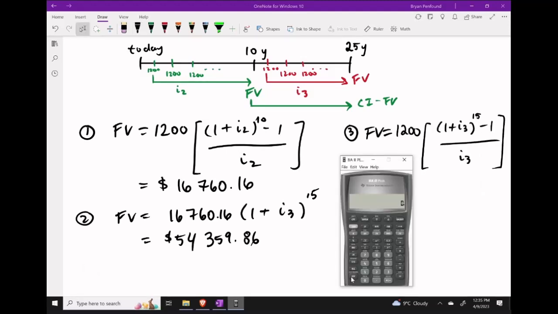The next step is to calculate the future value of the $1,200 payments that are going to be earning interest I3. Now we are going to have 15 equal-sized payments throughout this span of time, so note here that n is equal to 15. So let's take our bracket 1 plus recall 8.